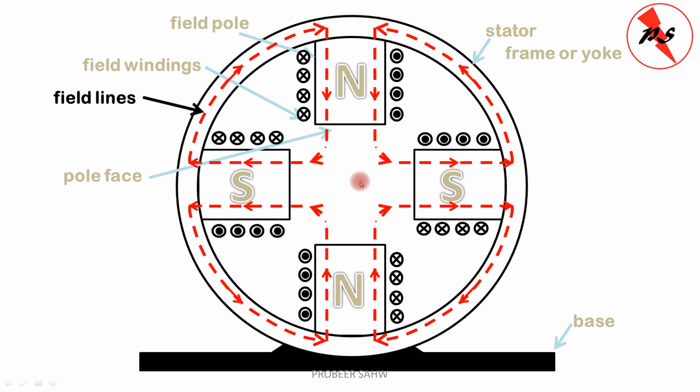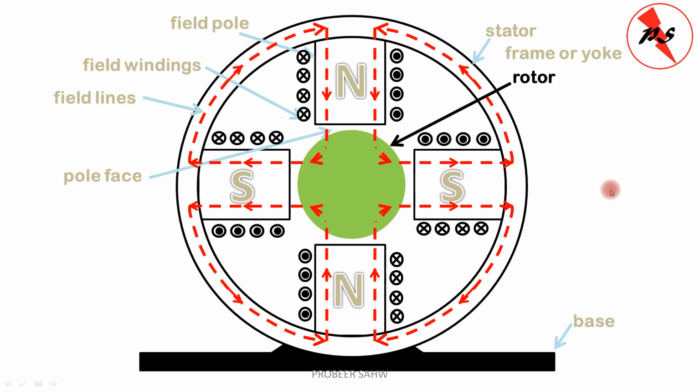So we take a circular or cylindrical rotor. This is the cylindrical rotor, right, in which the armature windings are housed. These are the field poles, which are part of the stator, and on this the field windings are there, and this is the rotor on which armature windings will be kept.